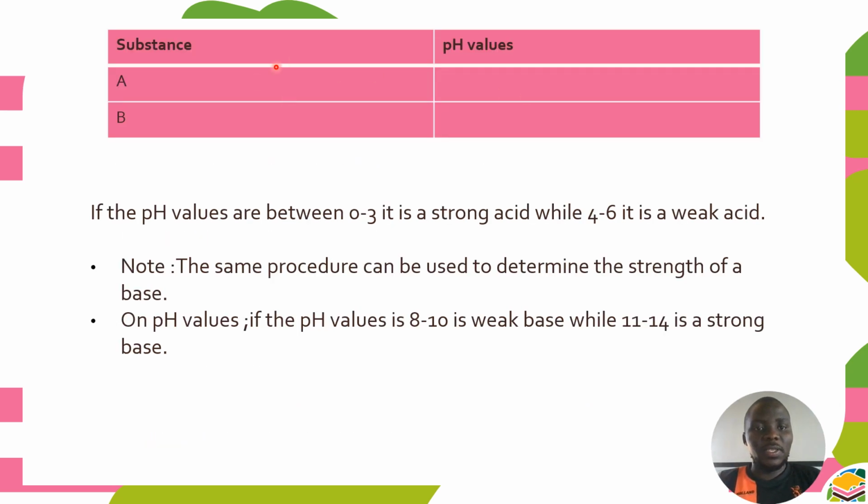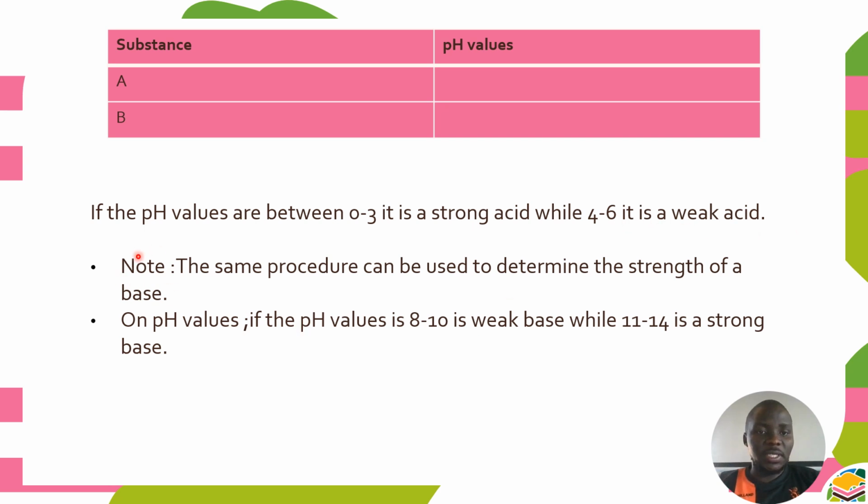You can record the pH values in a table like this one. From there, you can make some comparison and draw conclusions. If the pH value is between 0 and 3, it means it's a strong acid, while when the pH value is between 4 and 6, it means it's a weak acid.